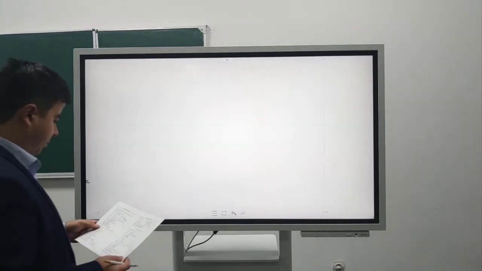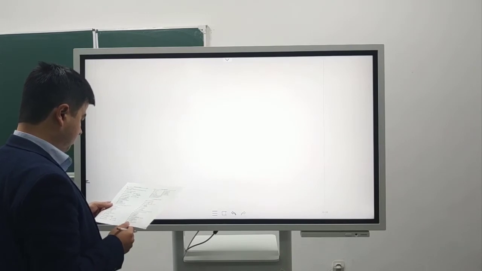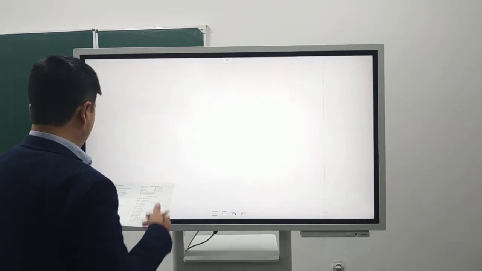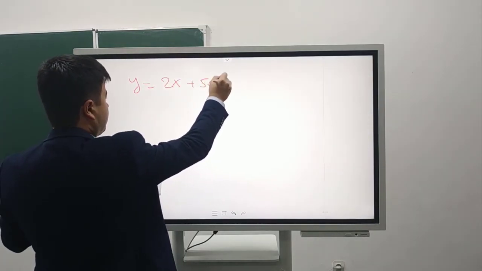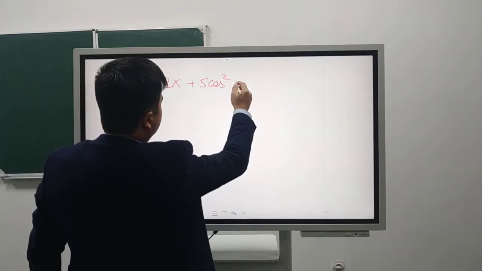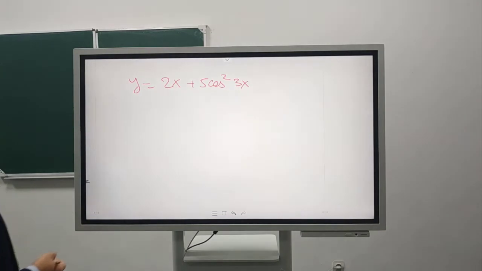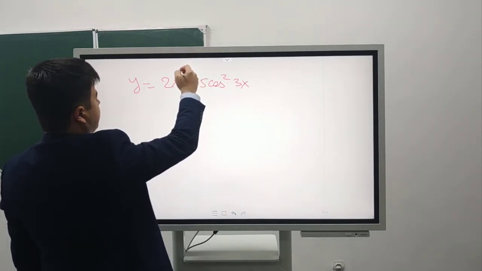So the next example is, for example, y equals 2x to the fifth plus 5 cosine squared of 3x. Let's make our example more difficult: 3x, not just x.